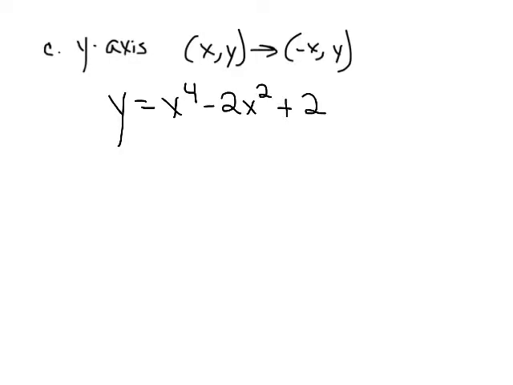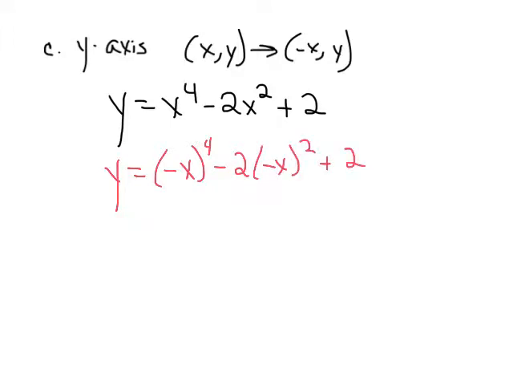Think about what's going to happen when I put in a negative x and I raise it to the fourth power, or I square it. So let's see what happens here. My y stays a positive y this time. My positive x is now negative, and I'm raising that to the fourth power, and I'm squaring it.